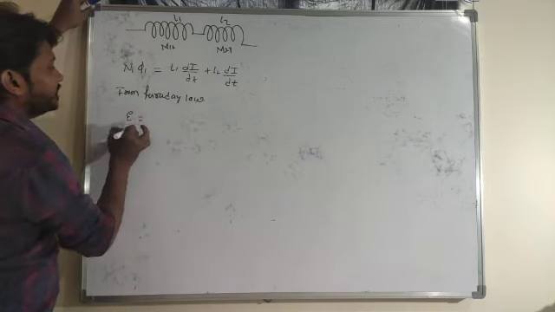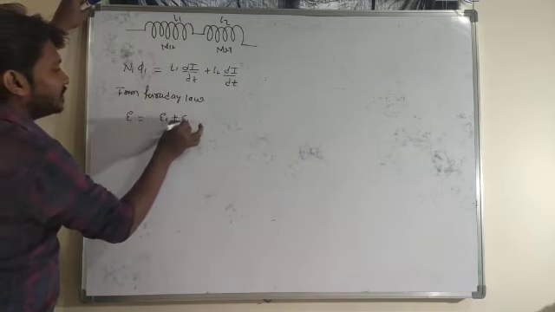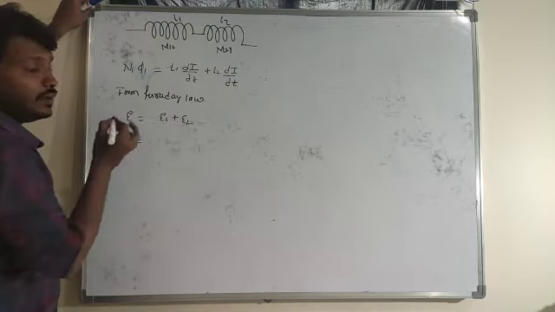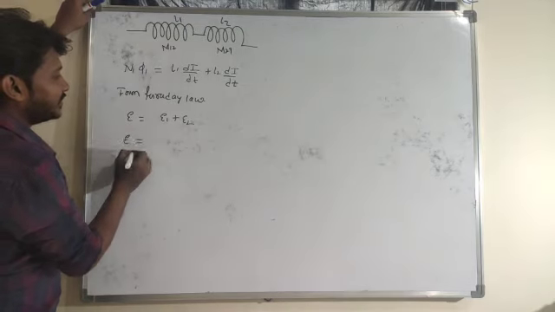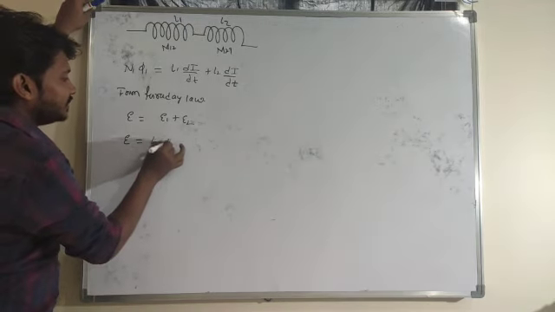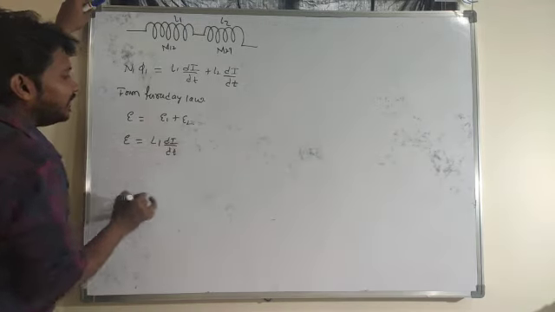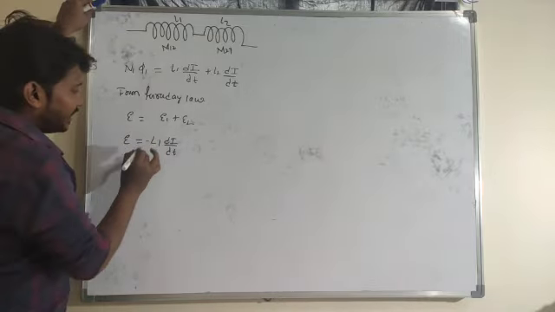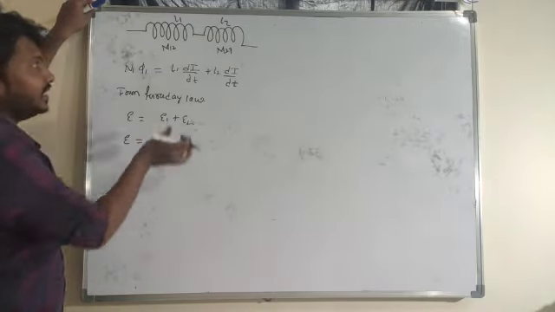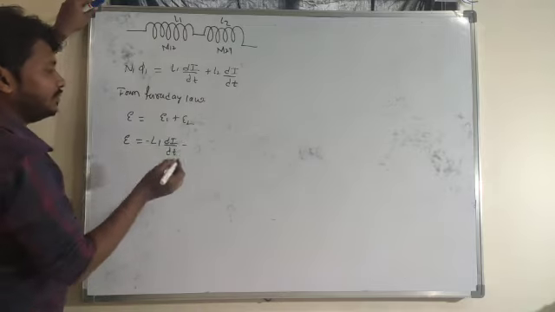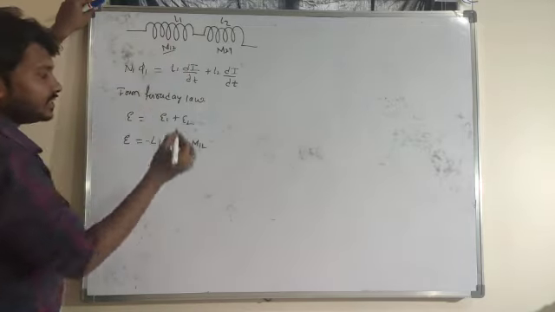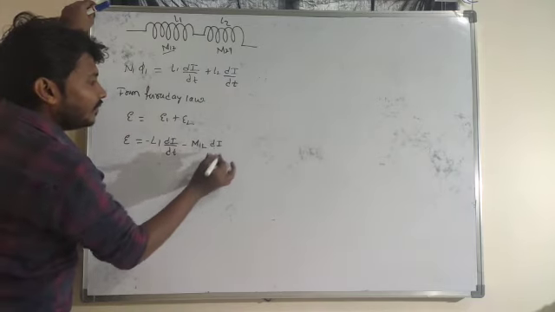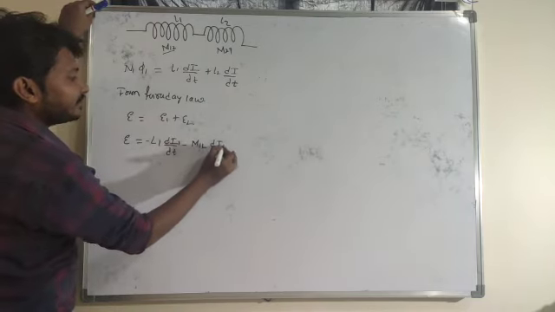So E is equal to what? E1 plus E2 here. So from Faraday's law, E is equal to E1 plus E2. E1 is nothing but what? That is minus L1 into di by dt, minus the mutual inductance. The mutual inductance of the first coil is M of 1 to 2 into, which current is responsible here?